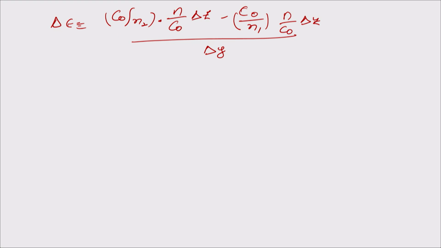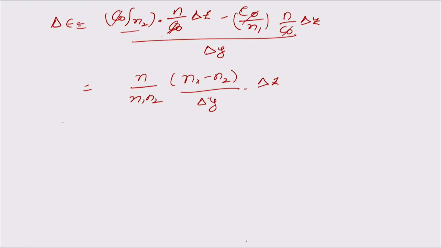We can simplify this, right? All the c naught terms will go. So we can simply write n over n1 n2 times n1 minus n2, over delta y times delta z. So as delta y tends to 0 and delta z tends to 0, we can write this equation.